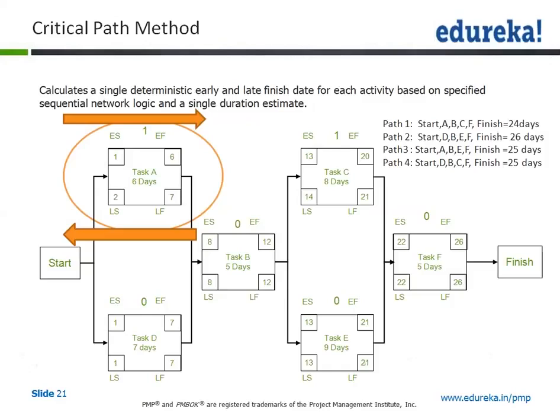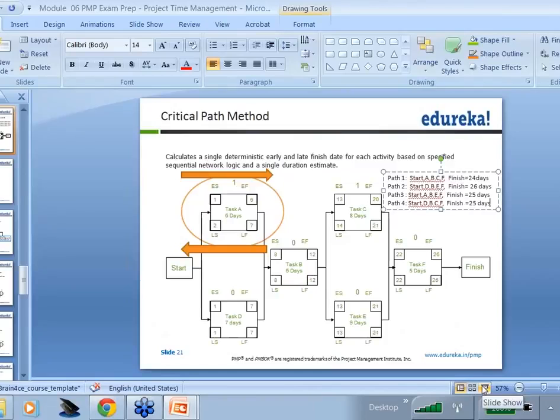With the help of this diagram, we are trying to analyze and find out which is the longest path available to us. The longest path is path 2, which is D, B, E, and F. So the longest path available to us is the one at the bottom, path number 2 that we talked about.